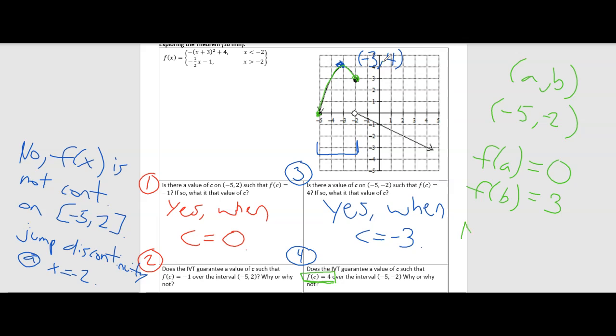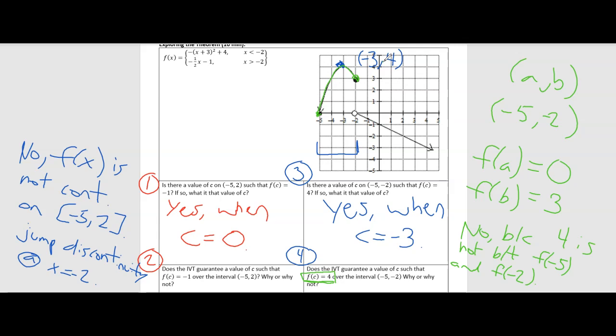So we could say no, because 4 is not between f of -5 and f of -2. And you do need to show what f of -5 and f of -2 are. That's going to let the AP reader know that you actually understand that 4 is not between those values and you're not just making a random guess.